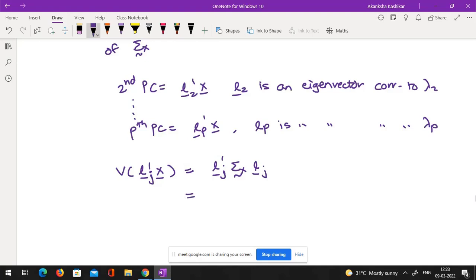And because Lj is an eigenvector corresponding to lambda j, sigma L will become lambda L, so that is lambda j Lj. Everyone okay with this substitution? Sigma L would become lambda L by your eigenvalue eigenvector relation Ax equal to lambda x. Okay so far?